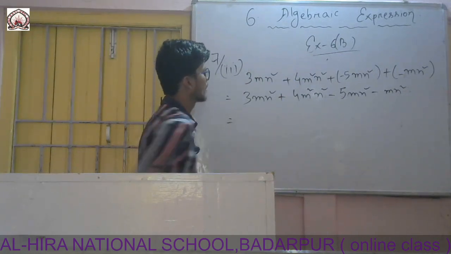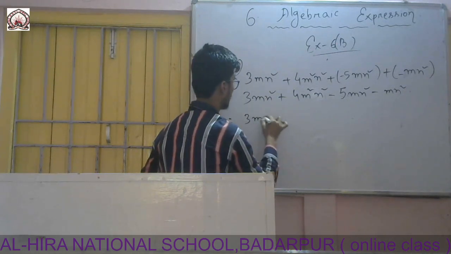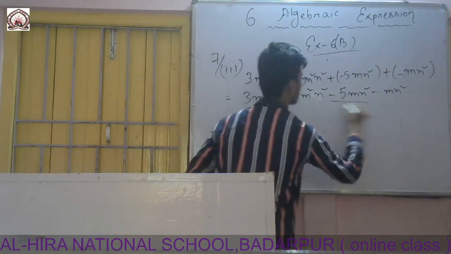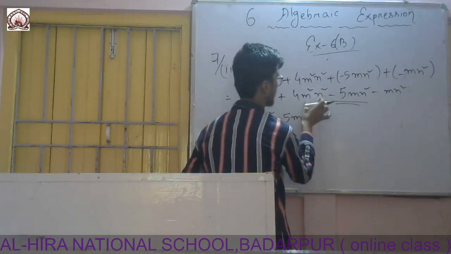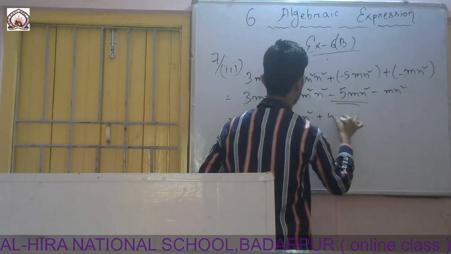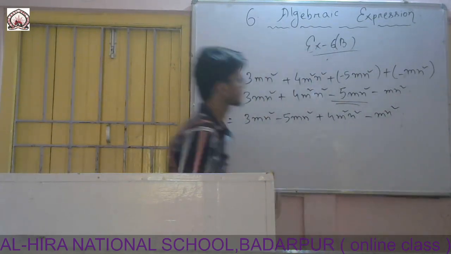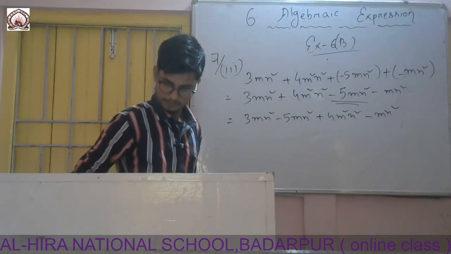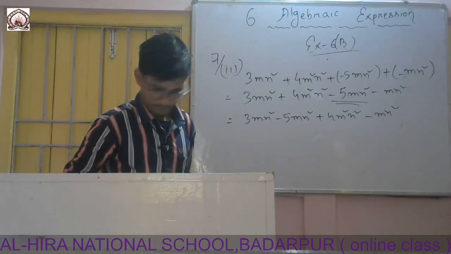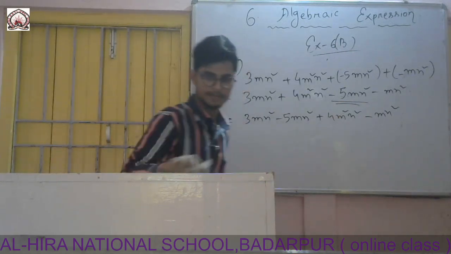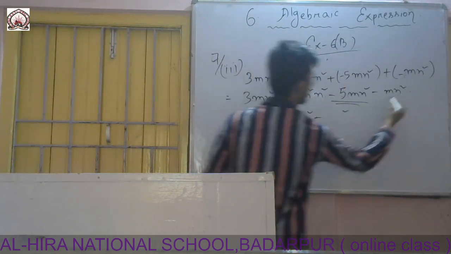Now I'll arrange them in like terms. 3mn square minus 5mn square, and then m square n square is different, so I'll write it simply, and minus mn square. Oh sorry, this one is also a like term, mn square.